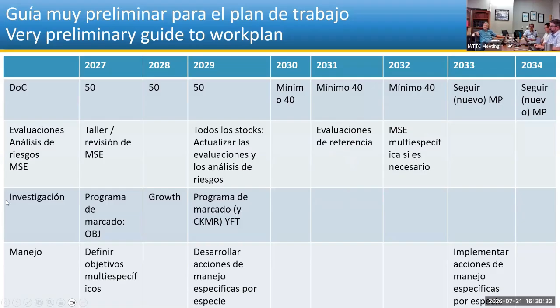Okay, and then as far as research goes, we really need to improve the stock assessments to be able to more precisely manage these fisheries. Bigeye tuna was always the species of concern, so we spent a lot of time trying to improve that assessment and less focus on yellowfin and skipjack.